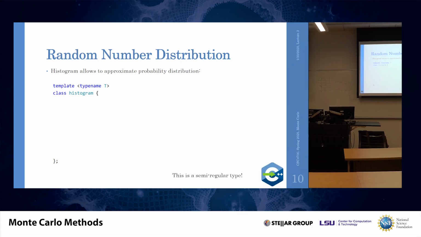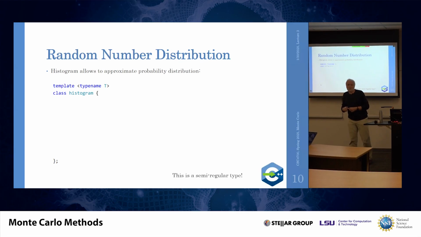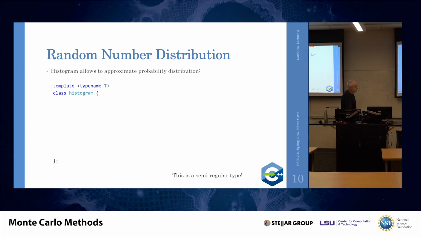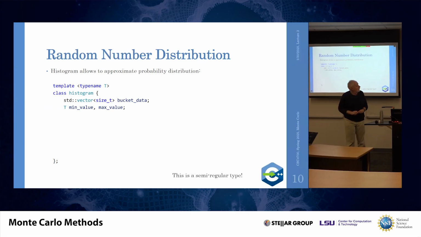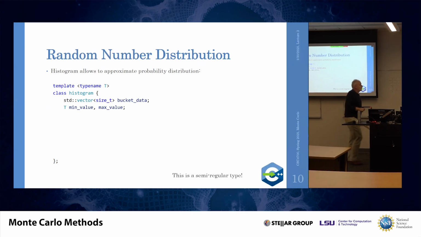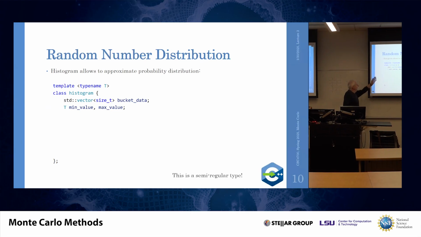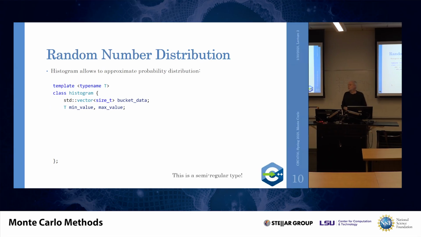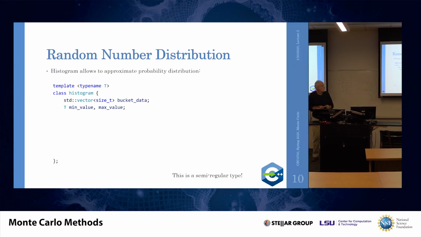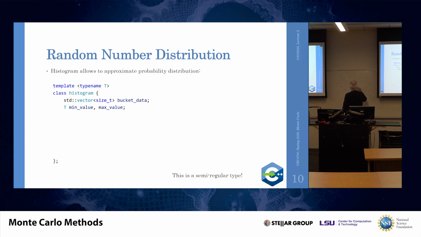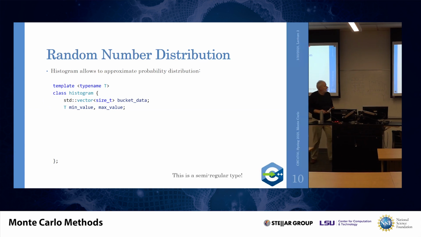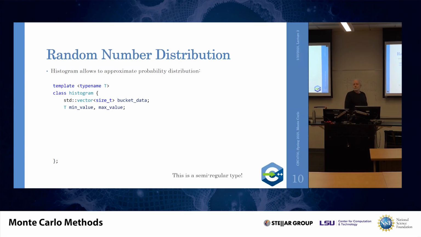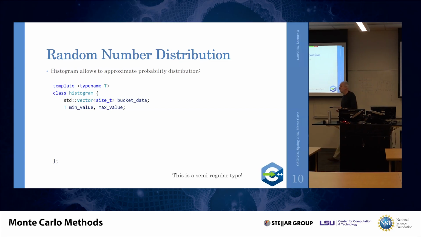So in the simplest case, it's probably a vector of counters. And also, you want to store what is the minimum value and what is the maximum value I want to consider inside the histogram, because, well, you might want to discard kind of outliers or things like that.